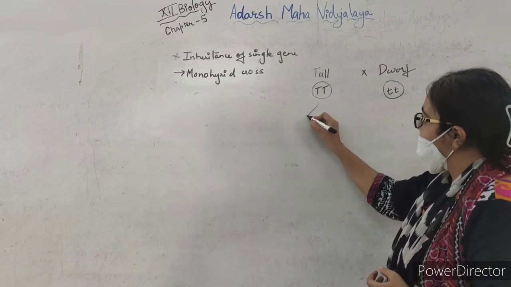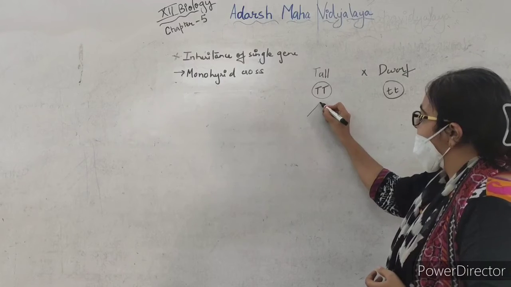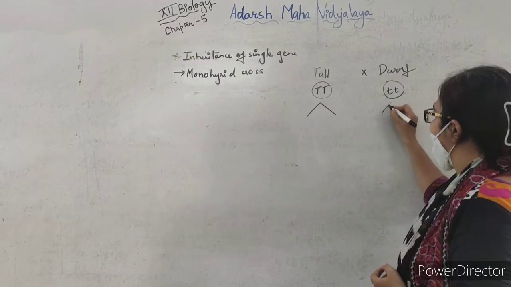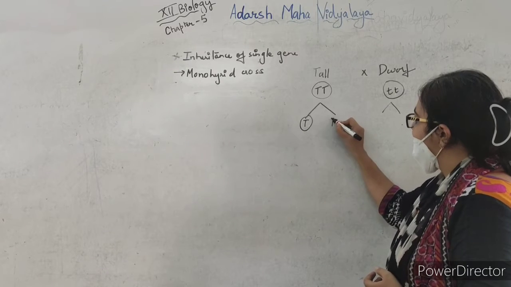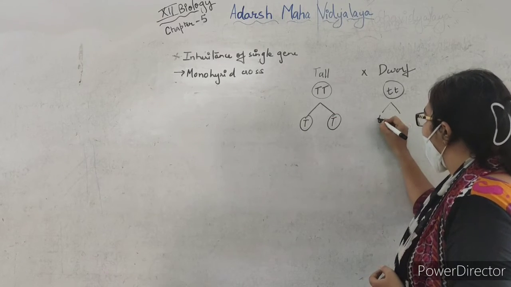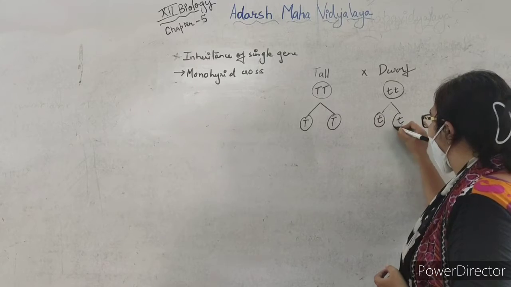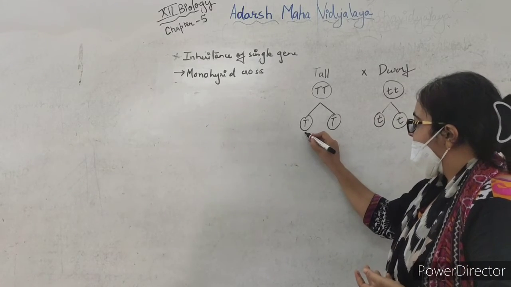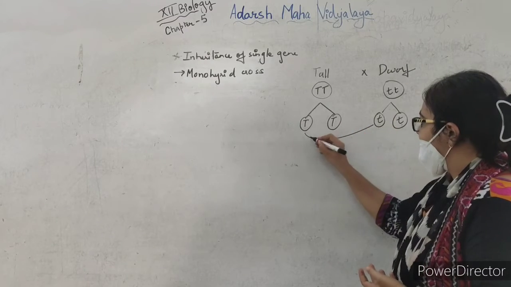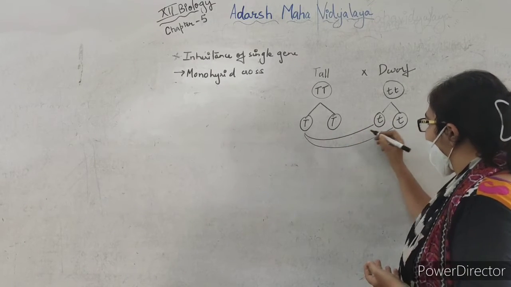Now the gametes will be produced. The gametes produced will be this and this, and here it will be this and this. Now these gametes can combine in any way. This and this can combine, and this and this can combine.